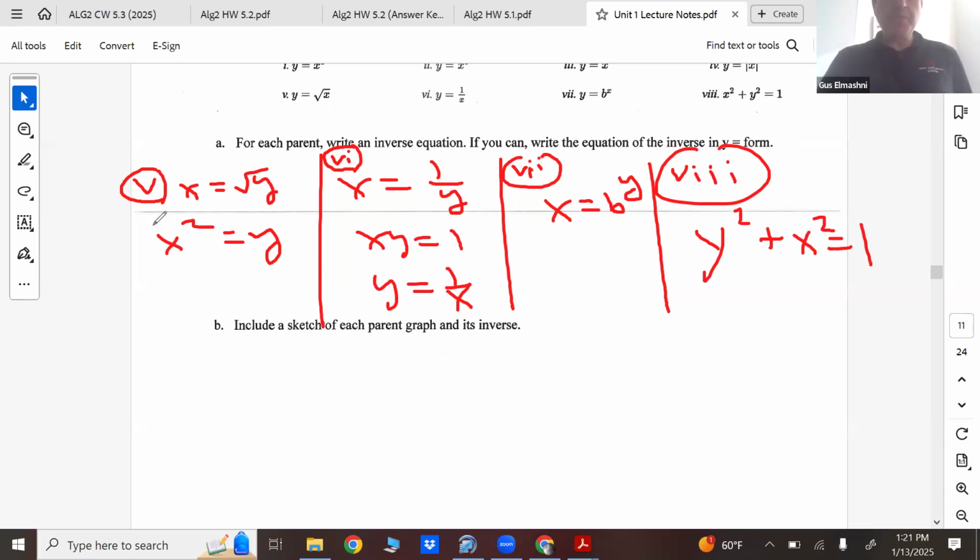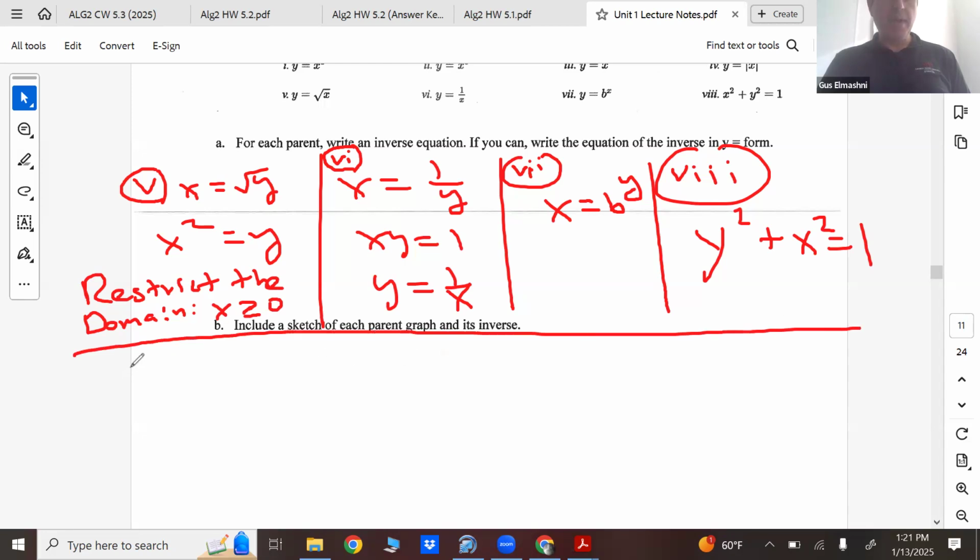By the way, for this one here, for 5, you will have to restrict the domain, meaning it's going to look like this. I'll explain why when we do the graph right now.